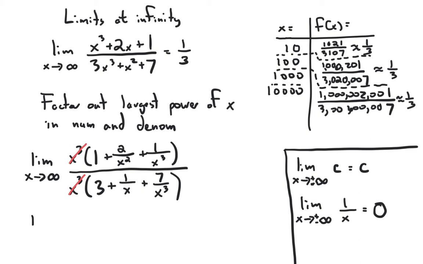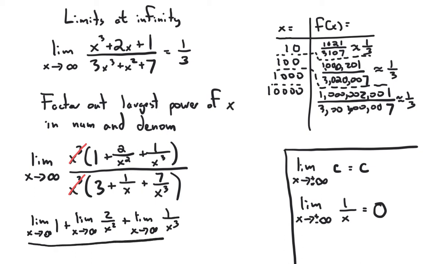So we have the limit as x approaches infinity of 1 plus the limit as x approaches infinity of 2 over x squared plus the limit as x approaches infinity of 1 over x cubed, over the limit as x approaches infinity of 3 plus the limit as x approaches infinity of 1 over x plus the limit as x approaches infinity of 7 over x cubed.